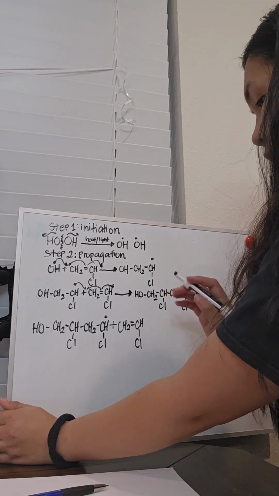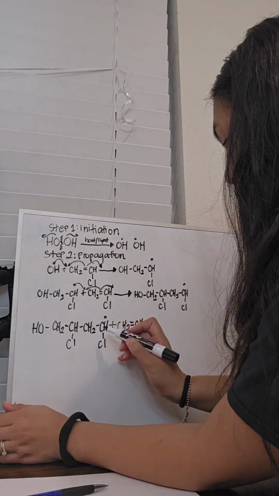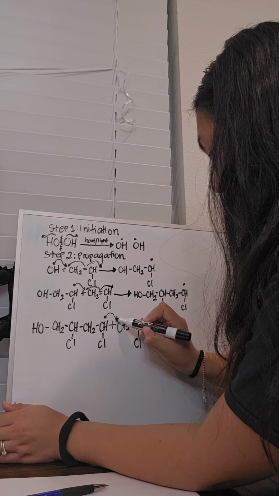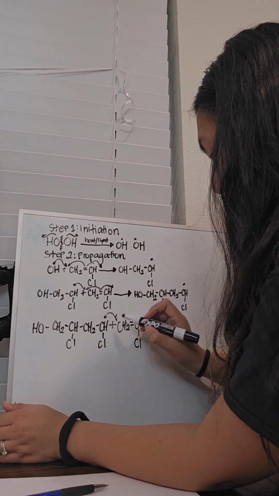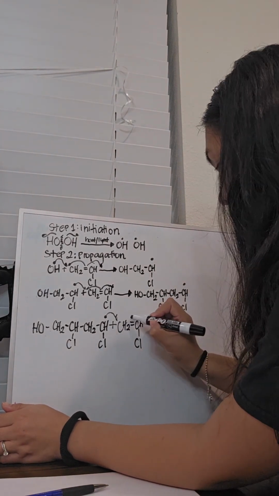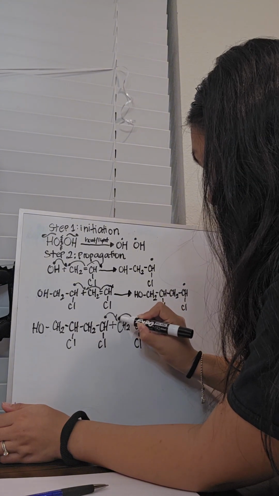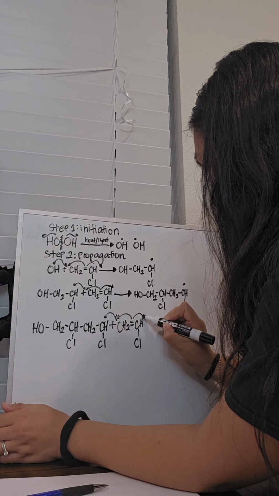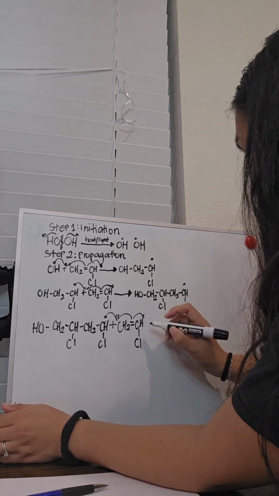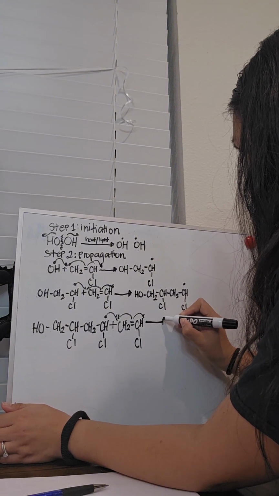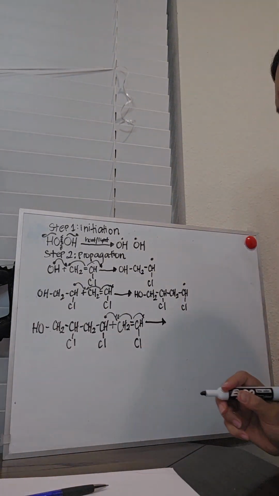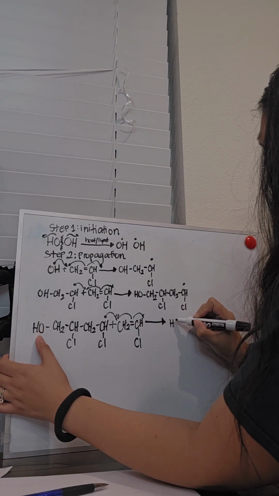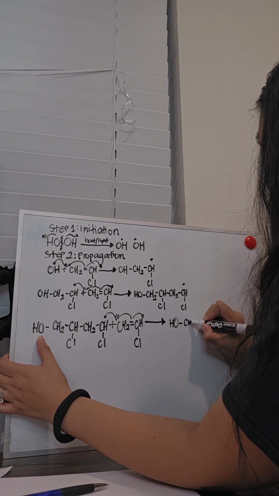And then working the same way as it did from the previous step, this free radical will attack the space between the two carbons, and the upper bond will break, one electron going to the left and the other going to the right. Which will then produce this product. So we're just writing everything as one.